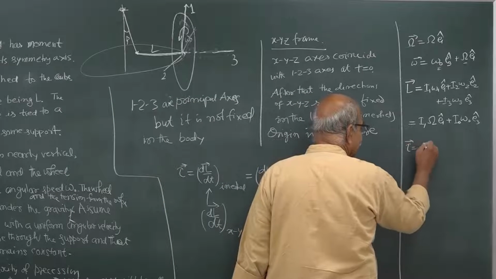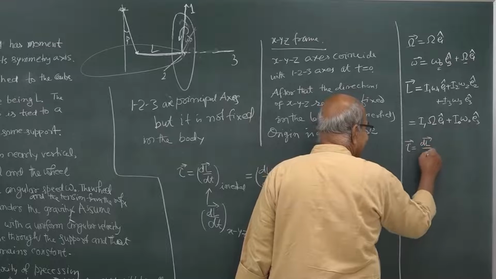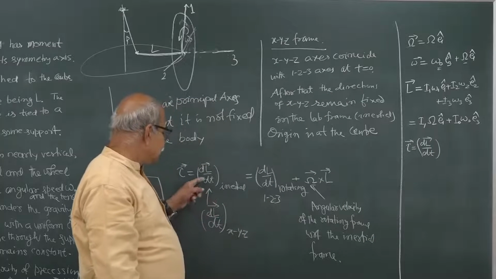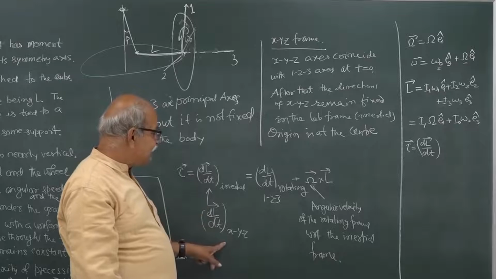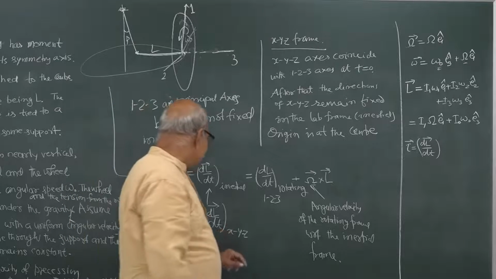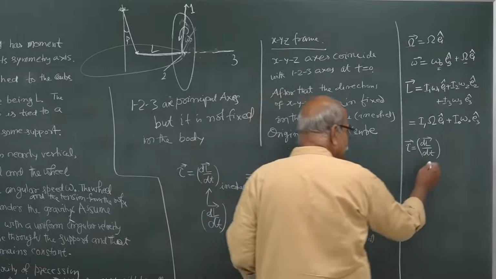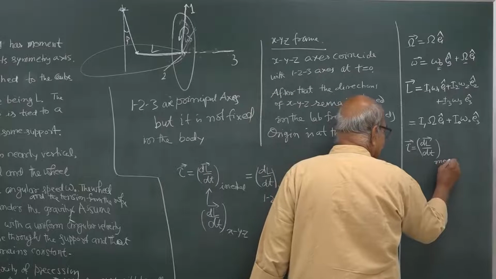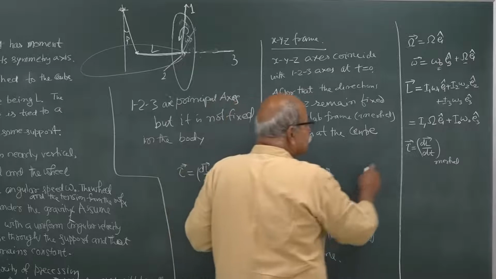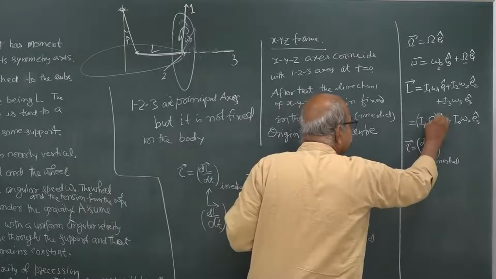And then we write this dL/dt torque, and torque is equal to dL/dt in the inertial frame of reference, which is the same as dL/dt in the xyz frame of reference. In the 1, 2, 3 frame you can see that no component is changing.